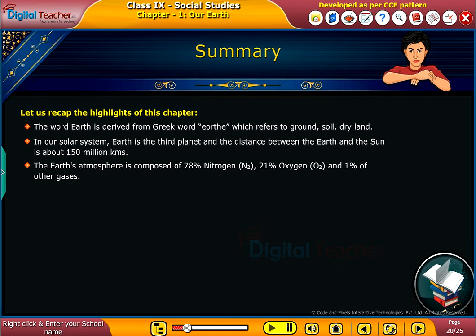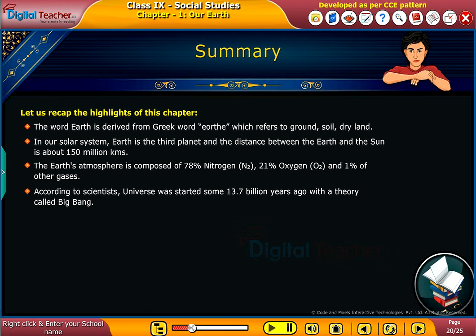The Earth's atmosphere is composed of 78% nitrogen, N2, 21% oxygen, O2, and 1% of other gases. According to scientists, the universe started some 13.7 billion years ago with a theory called Big Bang.